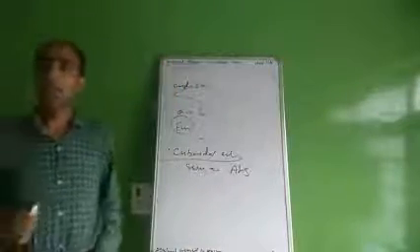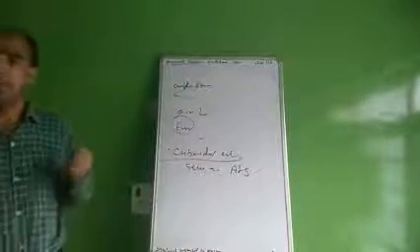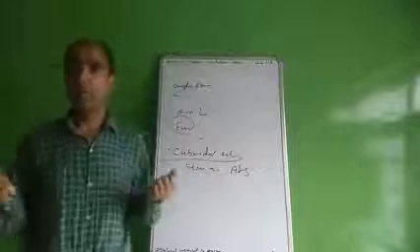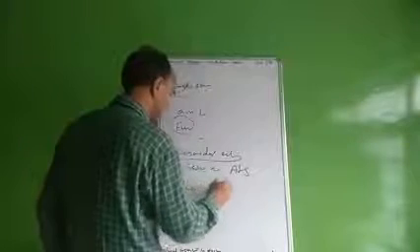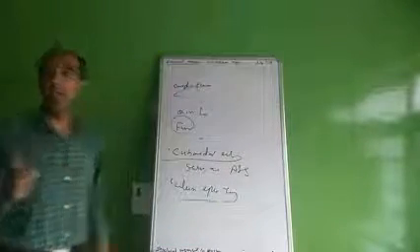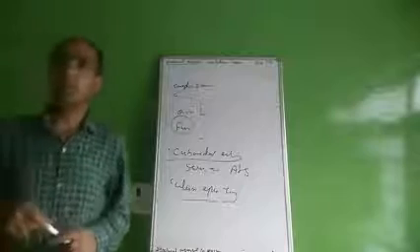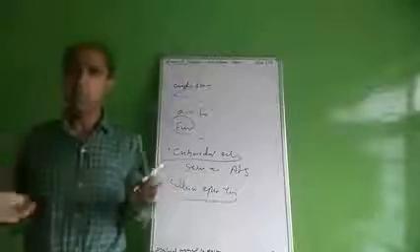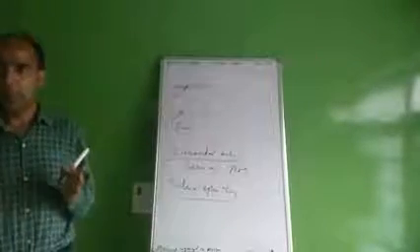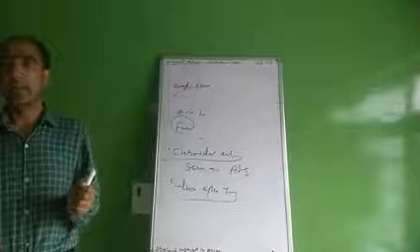The third type of simple epithelial tissue is the columnar epithelial tissue. It is composed of a single layer of tall, cylindrical cells.